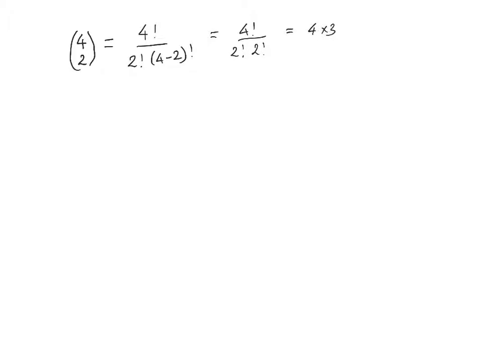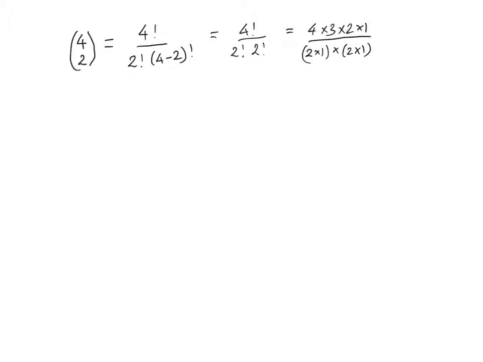If we wanted to work out 4 choose 2, the number of ways of choosing 2 objects from 4, then by the formula, that's 4 factorial divided by 2 factorial times 4 minus 2 factorial, or 4 factorial divided by 2 factorial times 2 factorial, which is equal to 4 times 3 times 2 times 1 divided by 2 times 1 times 2 times 1.